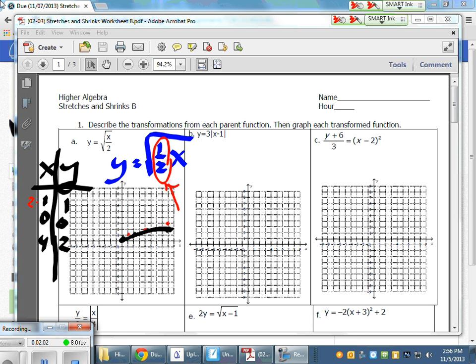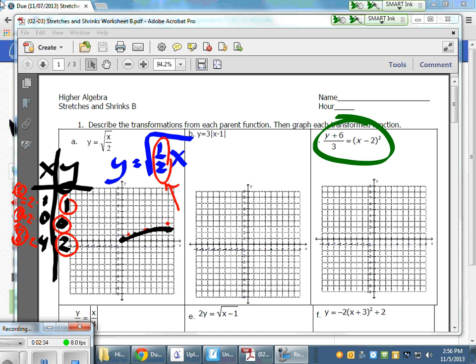So I multiply these all by 2, and 1 times 2 is 2, and 0 times 2 is 0, and 4 times 2 is 8. Then I'd graph those new points: 2, 1, and 0, 0 stays the same, and 8, 2. That's another way you can do it. So if you like the XY chart way, awesome. If you don't, if you just want to move it and slide it and flip it, that's okay too.